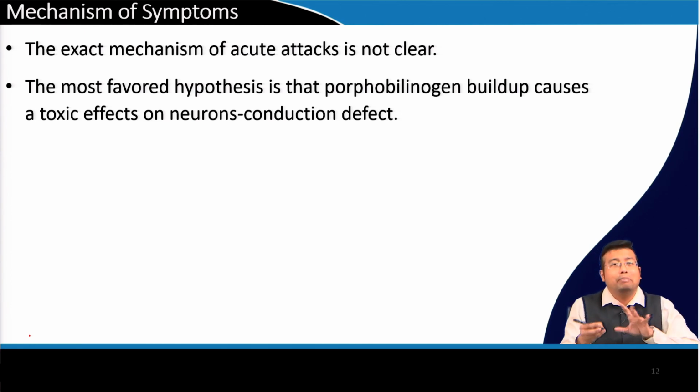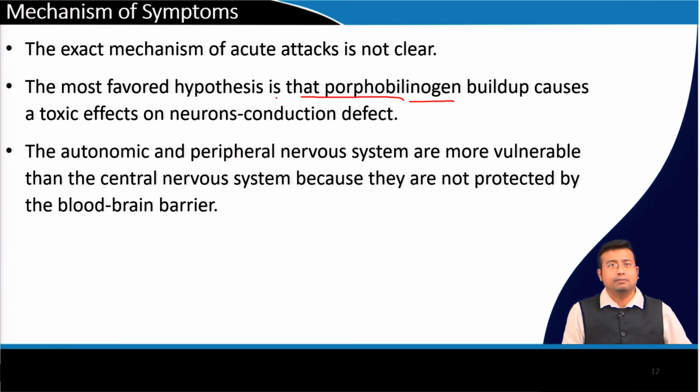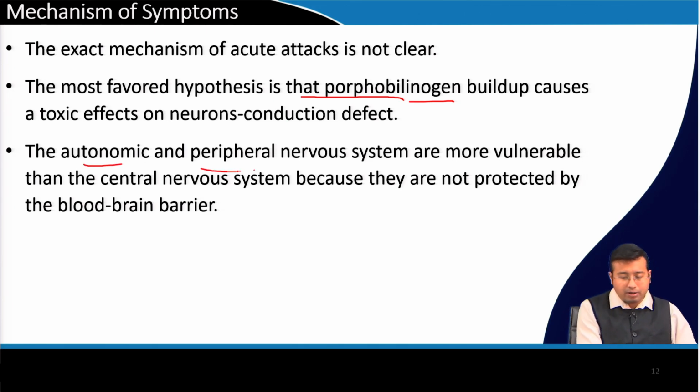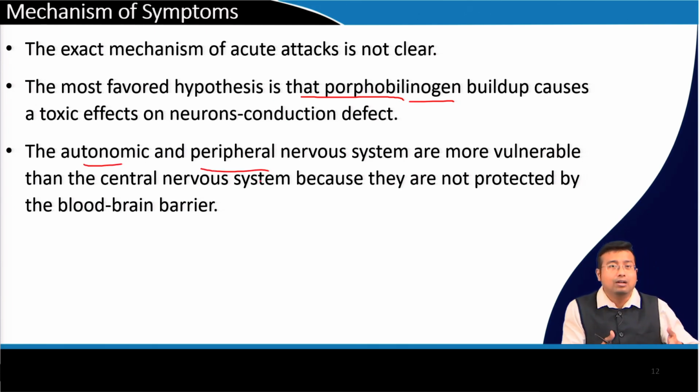Number one being the building up of toxic intermediates like porphobilinogen, which leads to an effect on neurons, that leads to nerve conduction defect, and more specifically the autonomic and peripheral nervous systems are more vulnerable, because the brain is protected by the blood brain barrier, right, and these porphobilinogens actually cannot cross the blood brain barrier, and therefore they have much less central CNS effect. The more effects are on the peripheral nervous system and autonomic nervous system.